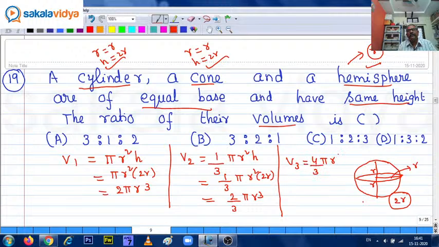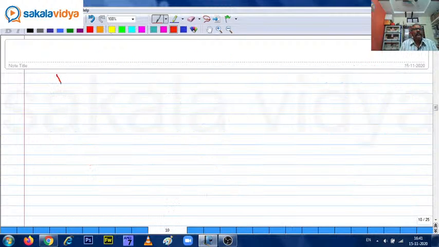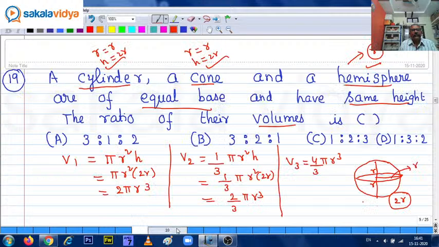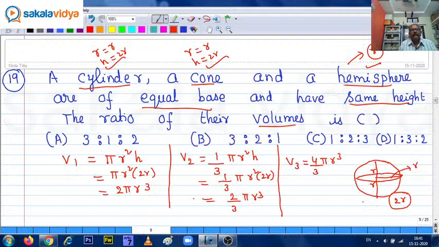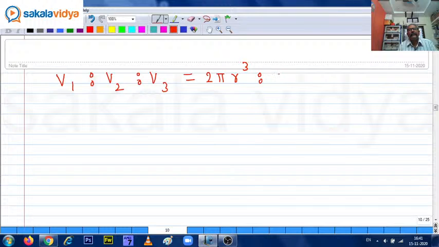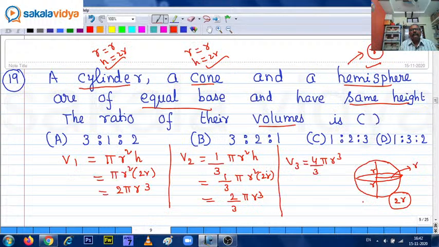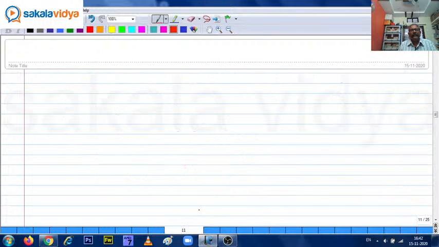This is the standard formula. Then you find the ratio. We need to find V1 is to V2 is to V3. So V1 is 2 pi r cube, is to 2/3 pi r cube, is to 4/3 pi r cube.